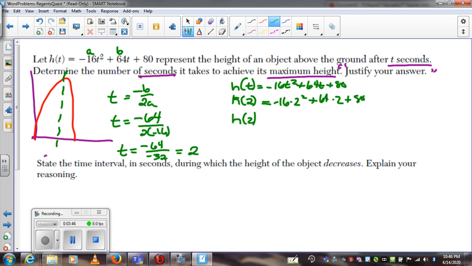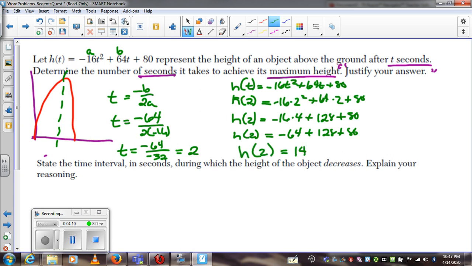So h of 2 is equal to negative 16 times 4 plus 128 plus 80. So h of 2 is equal to negative 64 plus 128 plus 80. And if I add all of those together, I get 144, which is exactly what we saw in the app.